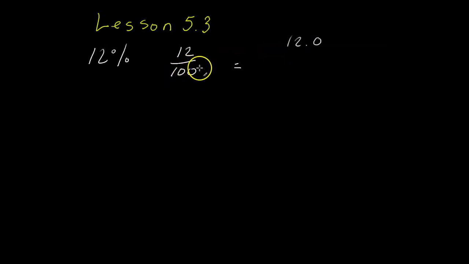Now obviously in a percentage we will always have 2 zeros. So we are going to move the decimal 2 places to the left. There's 1 and there's 2. So it's going to sit over there. So we're going to have 0.12 as the answer if they wanted a decimal.